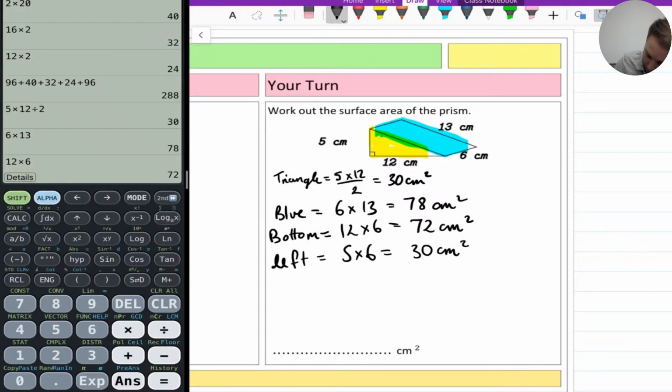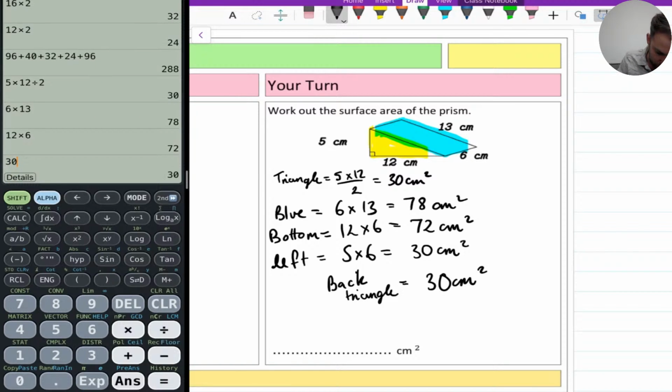And then don't forget you've got the back triangle, which is the same as the front triangle. Oops, I said 78, it's actually not 78. The front triangle is actually 30, sorry. So then I need to add all these together.